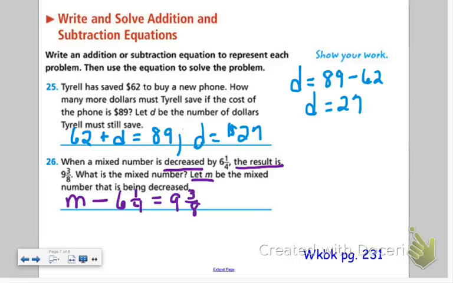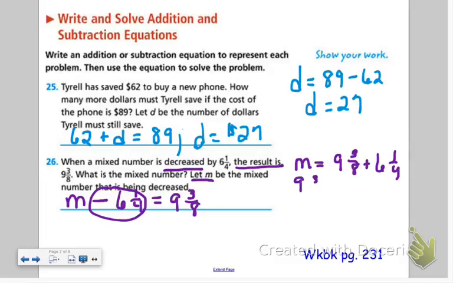And now we can use this equation to figure out what the mixed number is. Let's see, this is a subtraction equation, which means the inverse would be to add 6 1/4, so I can get M by itself. So M is equal to 9 3/8 plus 6 1/4.